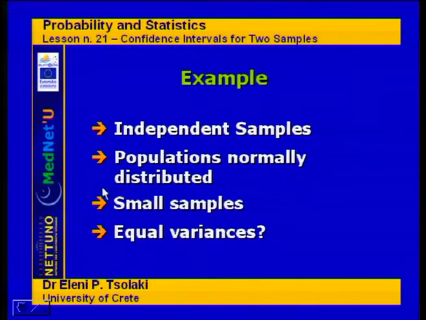Now the question we are going to ask is if they have equal variances. So we want to construct confidence intervals in order to answer the question if they have equal variances.